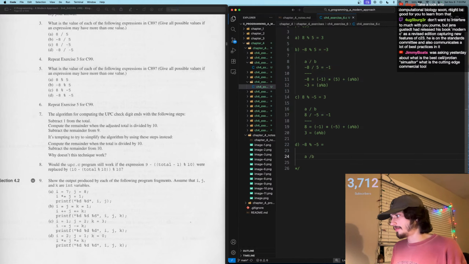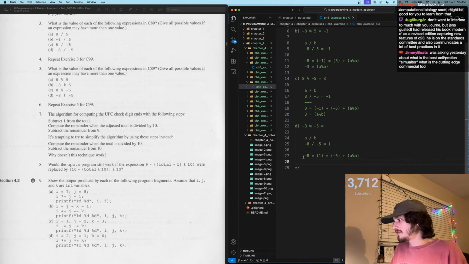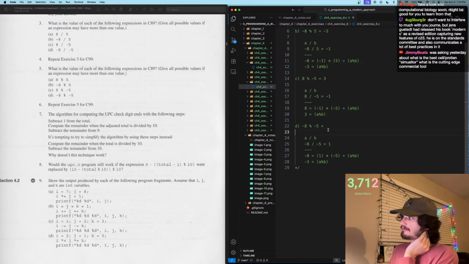We then do negative 8 is equal to 1 times a negative 5 plus A modulo B. And this gives us negative 5 plus 5 over will bring us to negative 3. Really? Negative 3. Well, yeah, that makes sense because you have a 3 remainder on the negative side.